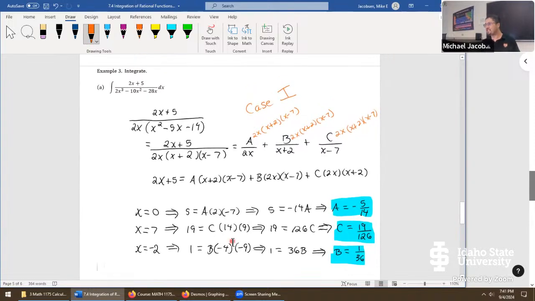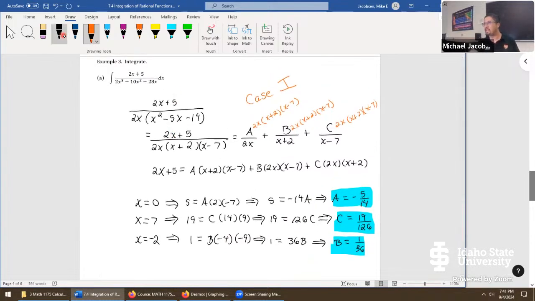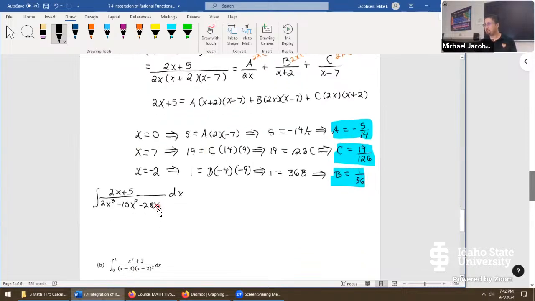But another reminder is this is the start of the problem. We take all that information and say that the integral, let me call this I, well, maybe I is not a good choice, I already have an I here. I'll just write it out this way: the integral of (2x plus 5) over (2x cubed minus 10x squared minus 28x) dx becomes, scroll a little bit to reveal the next step.